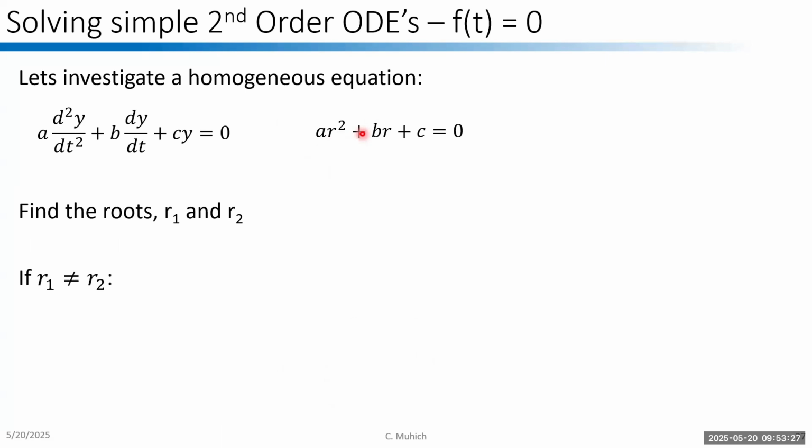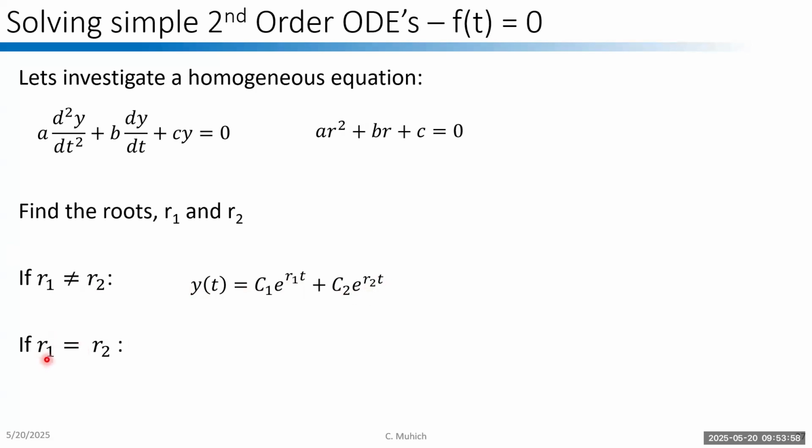We can have roots where r1 is not equal to r2. We're not going to go into the method of how this is true, but when r1 does not equal r2, the final solution y of t is just the sum of those 2 pieces. So I end up with y of t equals c1 e to the r1 t plus c2 e to the r2 t.